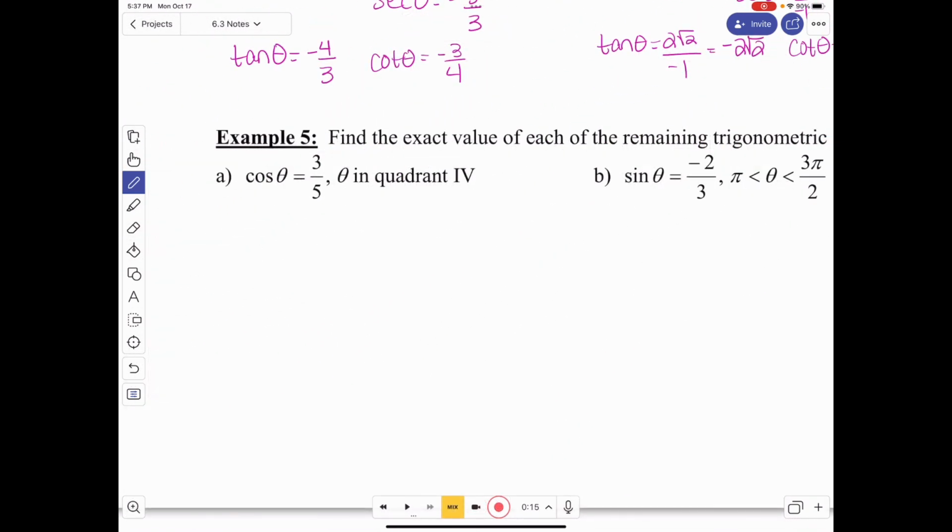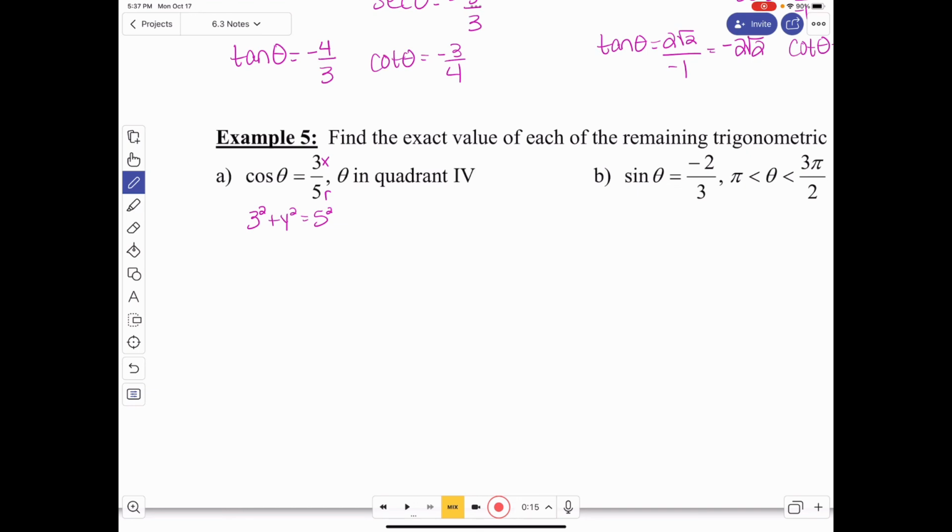Okay, so for our last example, we're going to find the exact value of the remaining trig functions. So if this is cosine, remember this means this is going to be x and this is going to be r. Now we don't know y. But to find y, we just basically use Pythagorean theorem. So I have 3 squared plus y squared equals 5 squared.